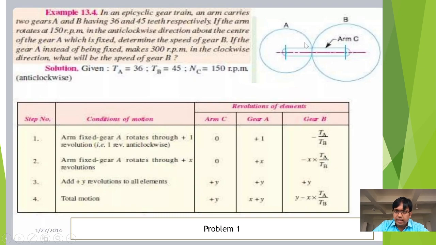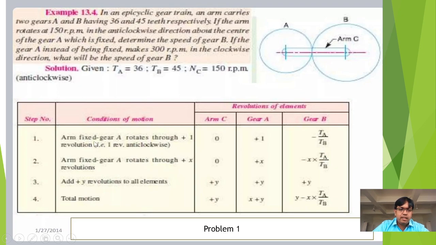Instead of rotating gear A by fixing arm C, if you rotate gear B first, gear B will come in the second column and gear A in the third column, because in that case gear A will be the output gear. In this case, because we have assumed gear A to be the input gear, rotated for +1 revolution in anti-clockwise direction, gear B will be the output gear. Therefore, gear B has been written in the third column.